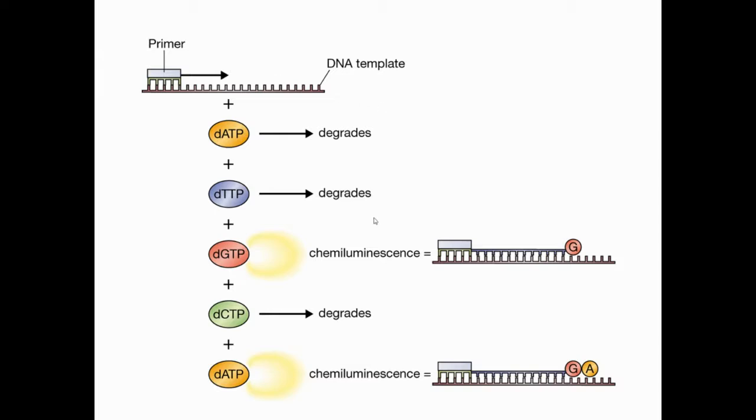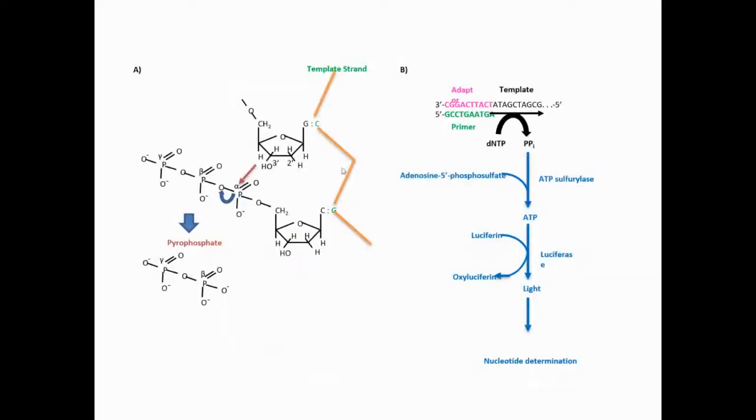Then the computer records the signal, so they record that G is added, and for the next run, they continue to add these deoxynucleotides one at a time and record the signal continuously. That's called pyrosequencing, and this is the principle.